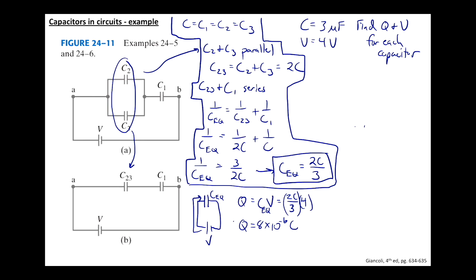If we step one level back, we know that capacitors in series have the same amount of charge. So we could say that this is also equal to the charge on the 2-3 combination, and also the charge on capacitor 1. So we've actually found one of the 6 values that we're trying to find.